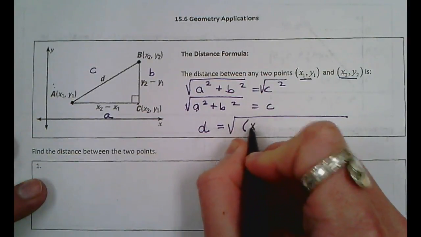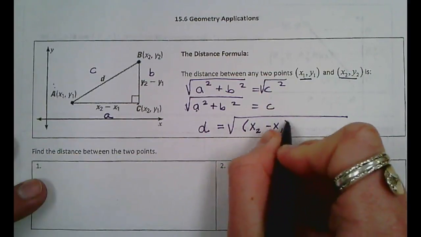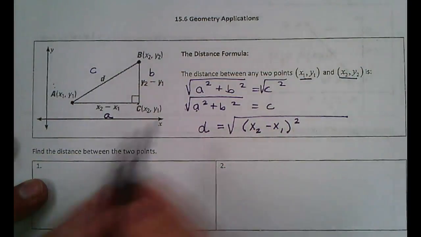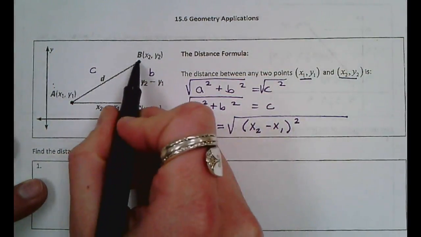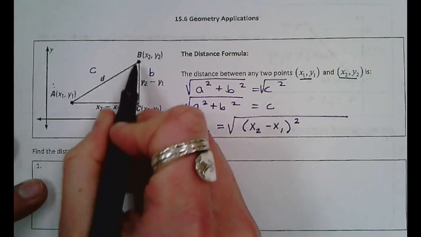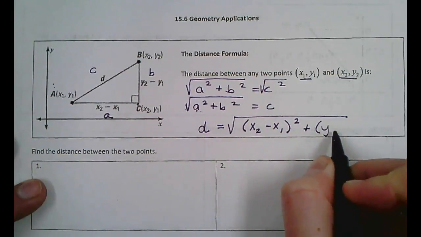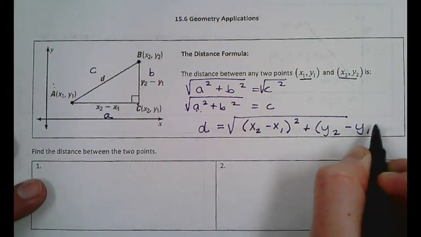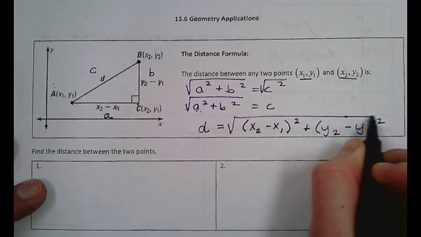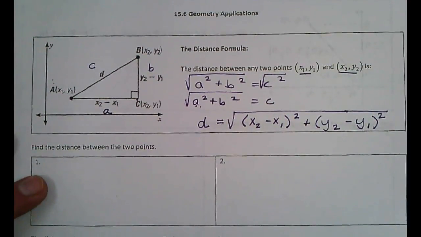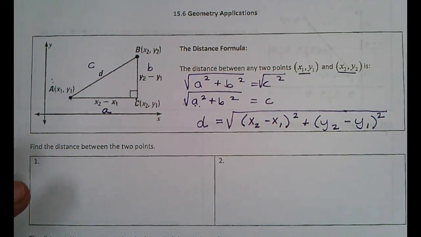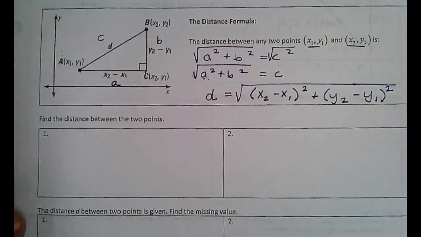So it would be x2 minus x1 quantity squared. That would be our A. And then our y values would be the distance from the y's. So plus y2 minus y1 quantity squared. And this will find us the distance between those 2 points without having to actually draw it on a coordinate plane.